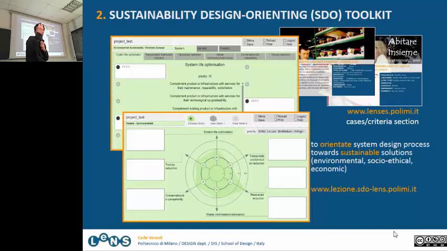Then there is a key, fundamental tool for the MSDS methodologies called the Sustainability Design Oriented Toolkit.